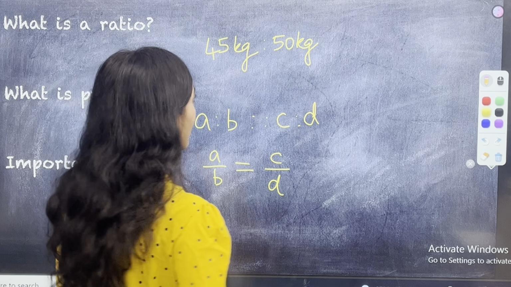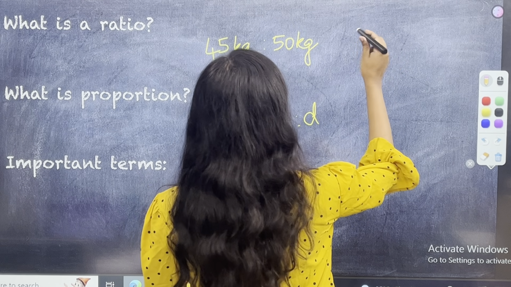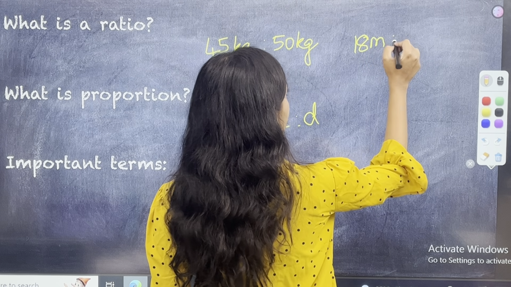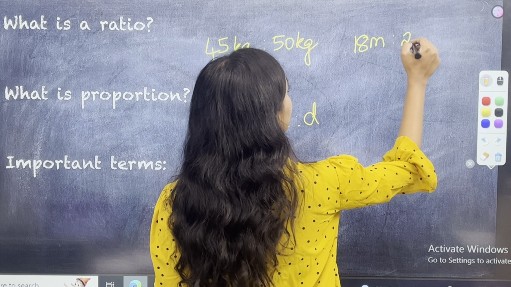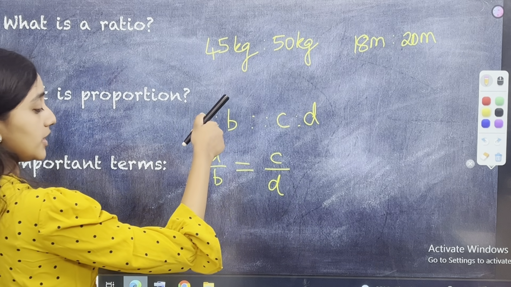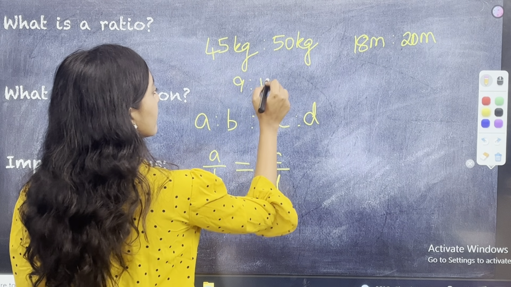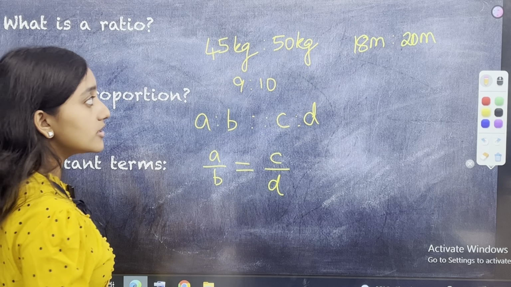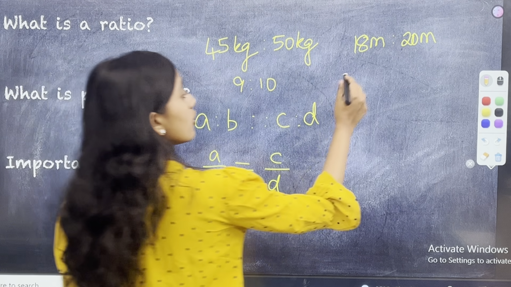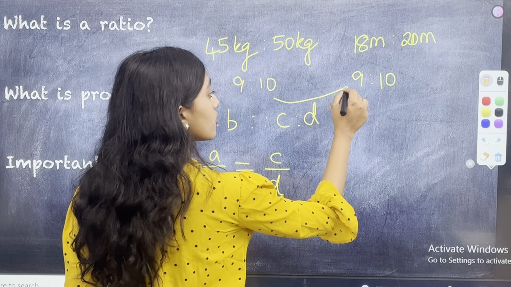Similarly, I also have 18 meters is to 20 meters. So 45 is to 50, 5 9s are 45, 5 10s are 50. So 9 is to 10. Here 18 meters is to 20 meters is also 2 9s are 18, 2 10s are 20. These two ratios are equal.